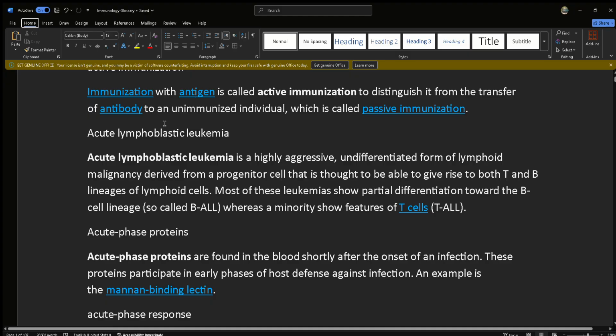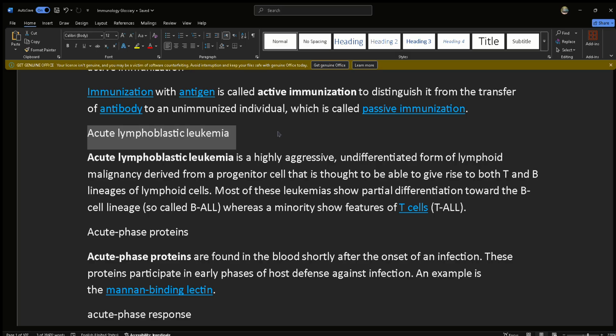Another term they are defining is acute lymphoblastic leukemia. Leukemia means cancer of white blood cells, cancer of blood. Acute lymphoblastic leukemia is a highly aggressive, undifferentiated form of lymphoid malignancy derived from a progenitor cell that is thought to be able to give rise to both T and B lineages of lymphoid cells.